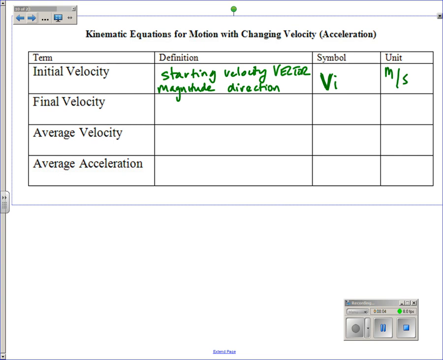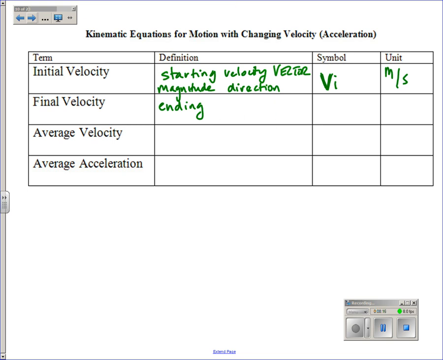Final velocity would be ending speed or velocity. Actually, not speed. Ending velocity. And again, that is a vector. And our symbol would be v sub f in meters per second.